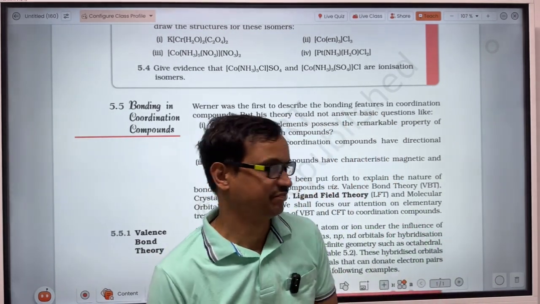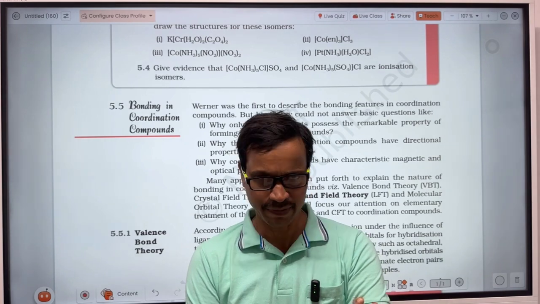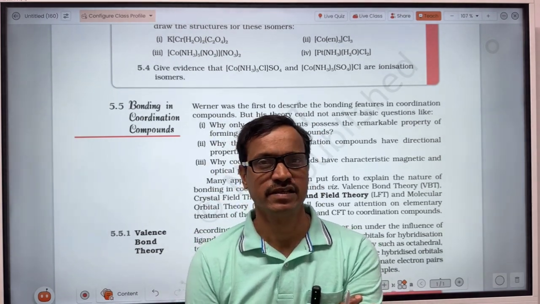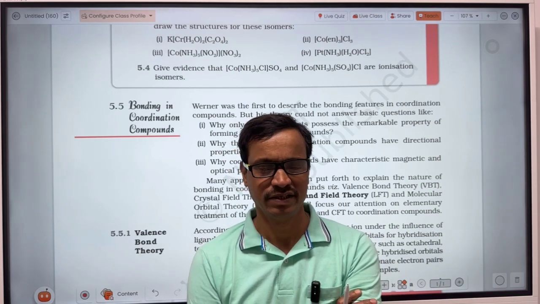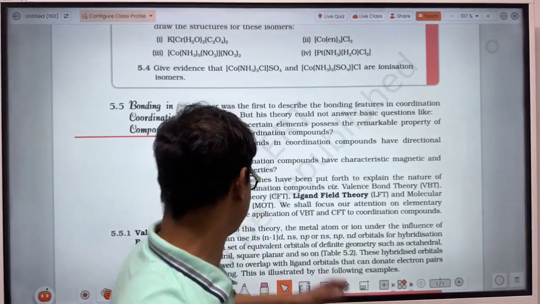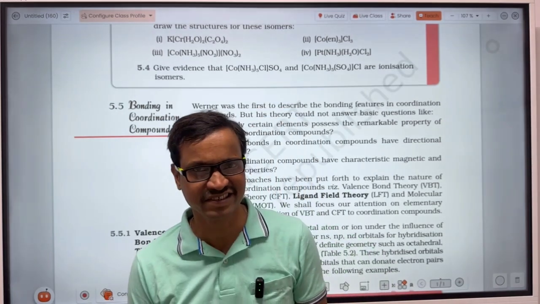It helps to predict the shape of the molecules, that means the coordination polyhedron, as well as the magnetic properties, that means whether the compound will be diamagnetic or paramagnetic. About this valence bond theory, we will discuss in the next class.